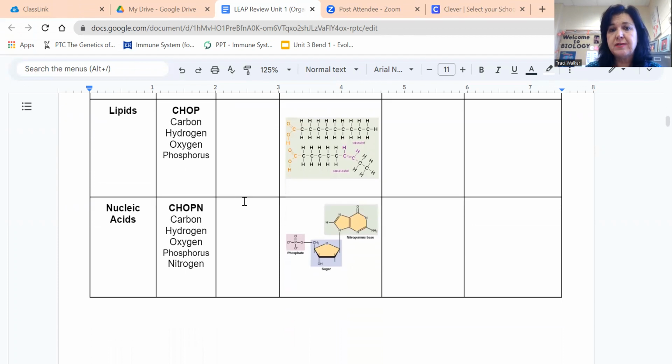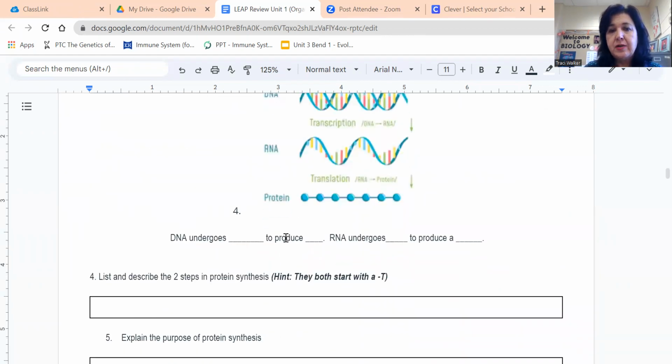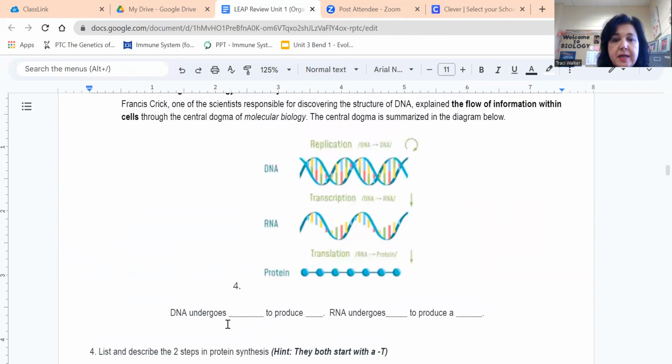And so that is the process that is called translation, when the amino acids are linked together to form the protein. And that happens at the ribosome. So this whole process can be summed up just in a few words. So protein synthesis is when DNA undergoes transcription to produce RNA.